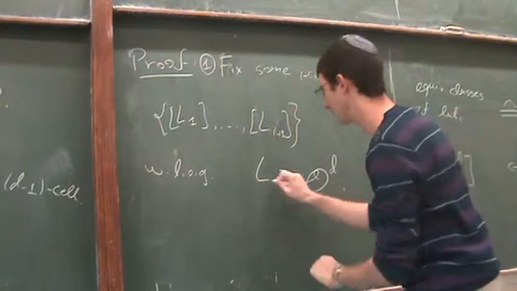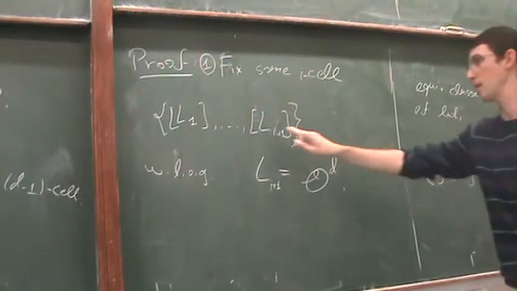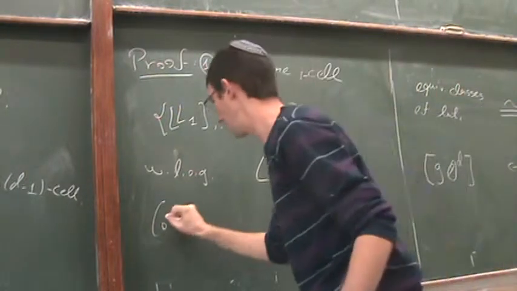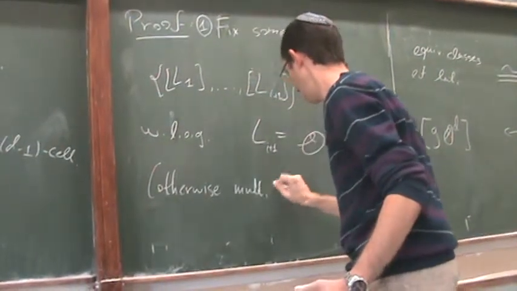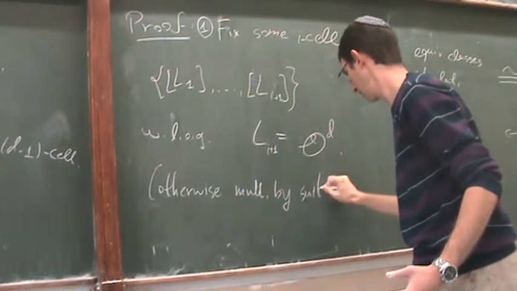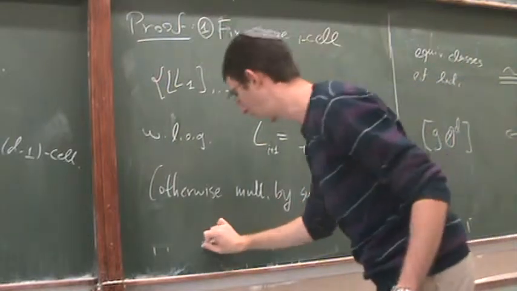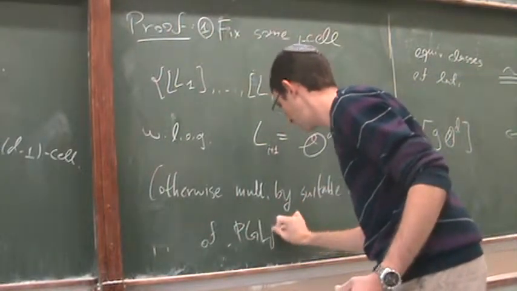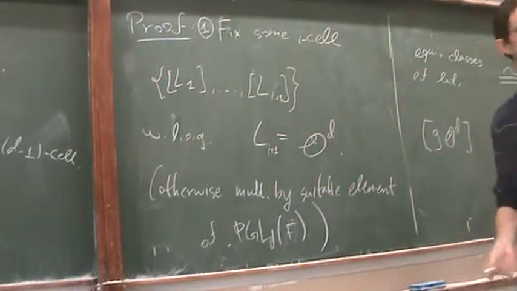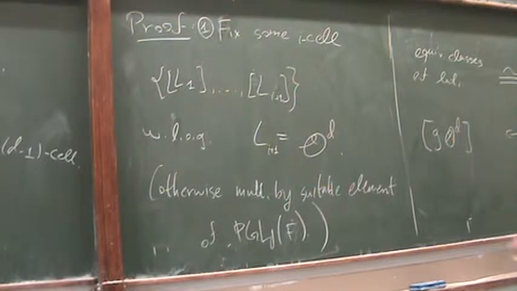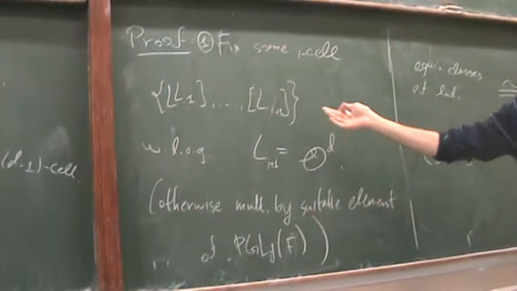Otherwise, multiply by a suitable element of PGL_d(F), and this action respects the adjacency. I would still get a cell. I would still get a clique.